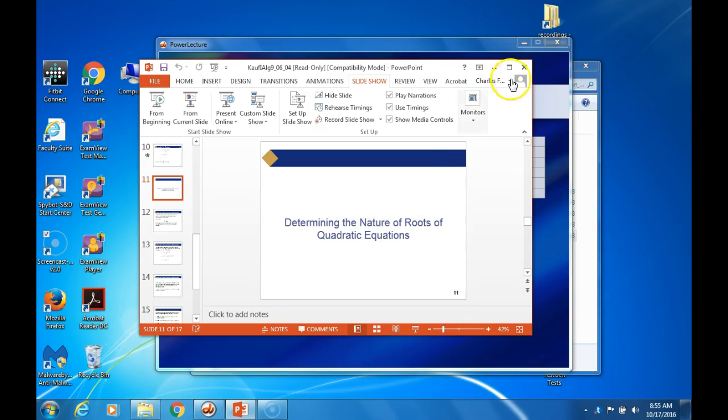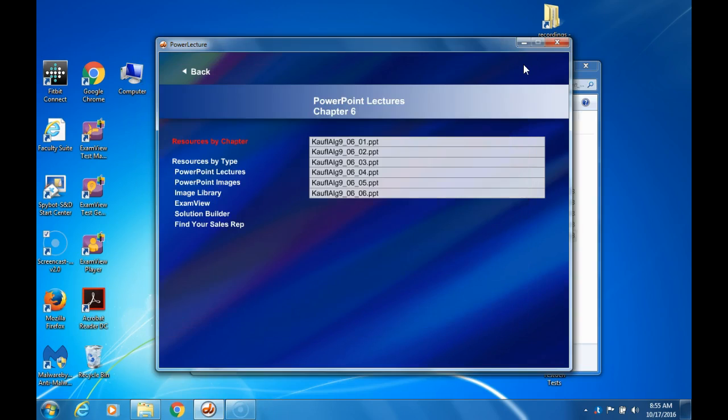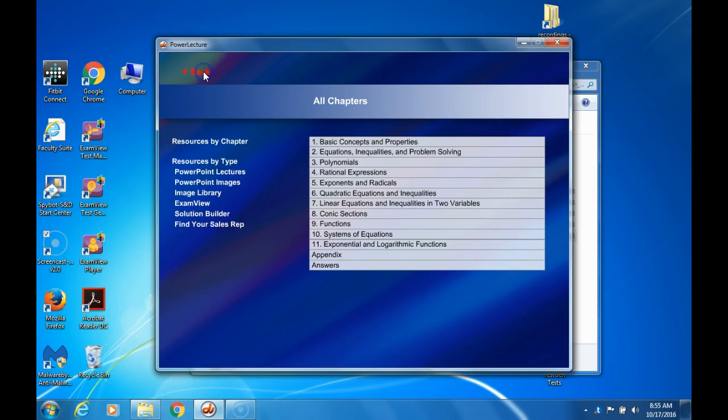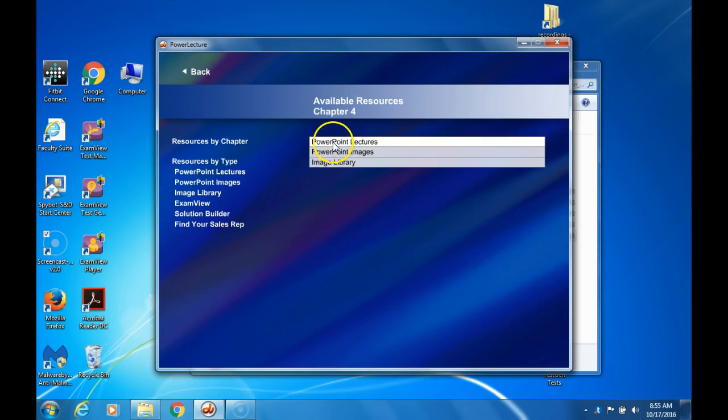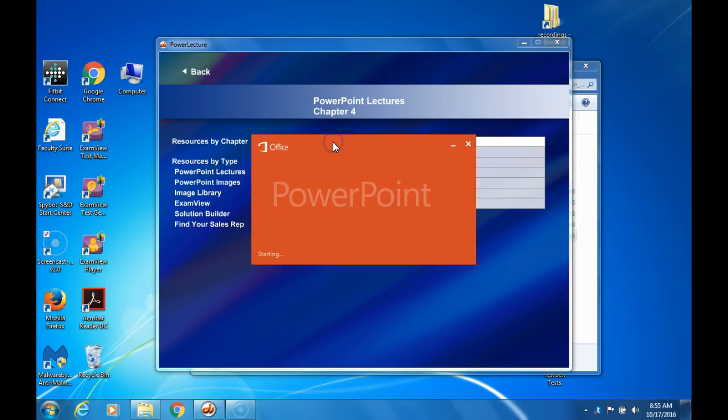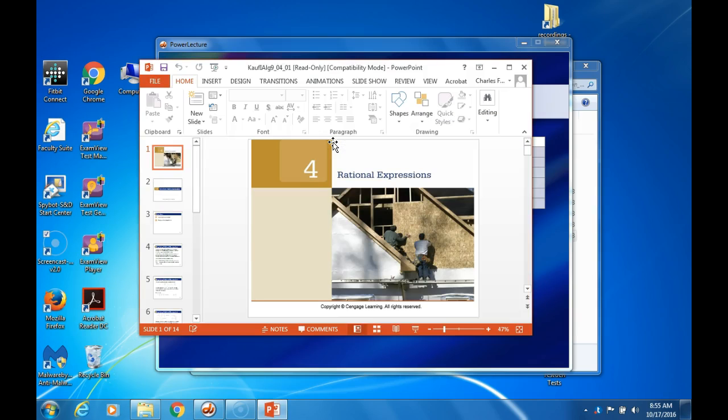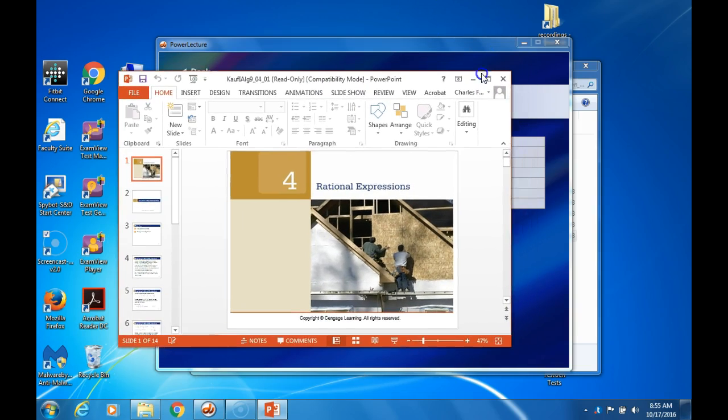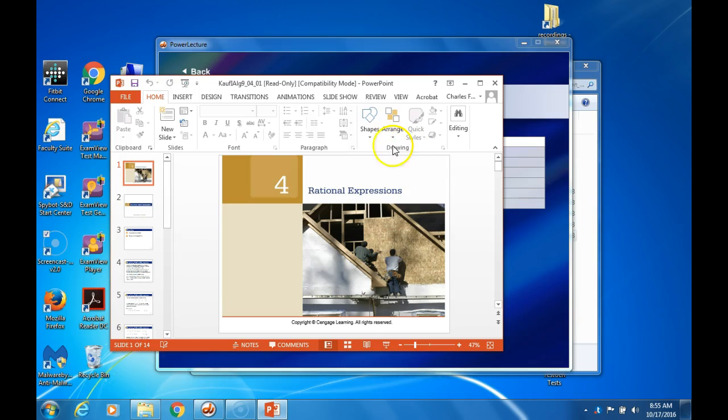So, let's go to Chapter 4, Rational Expressions. All right, this is another long chapter, but hopefully it'll go a little faster because you have all the tools you need for it right now.